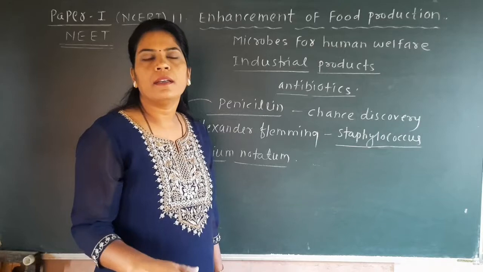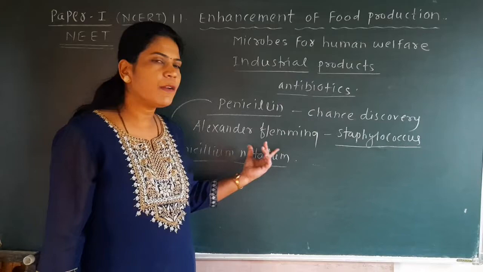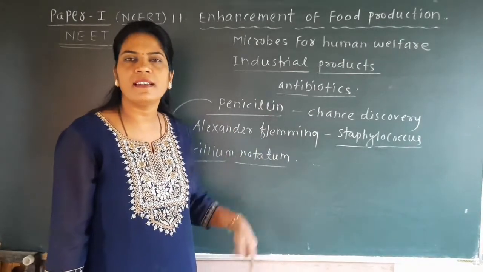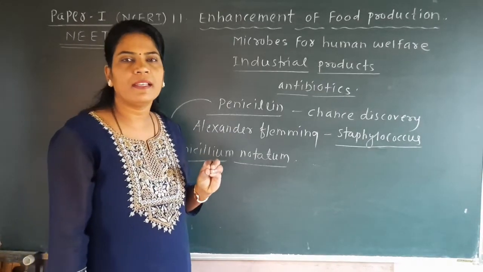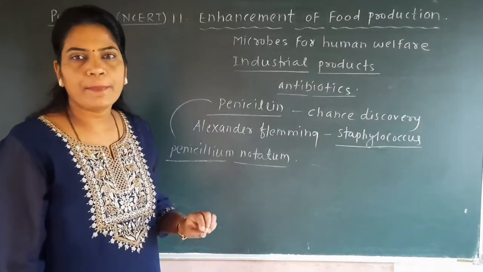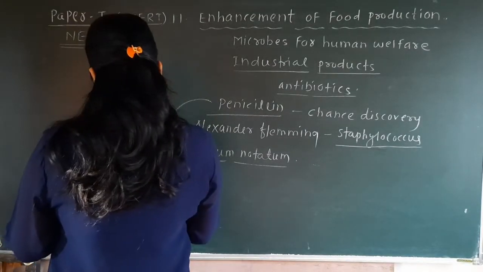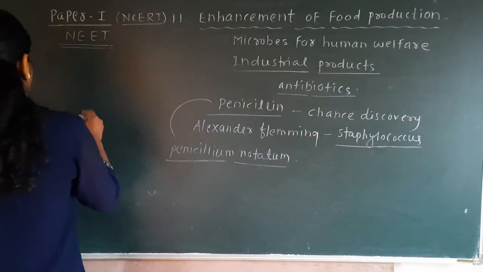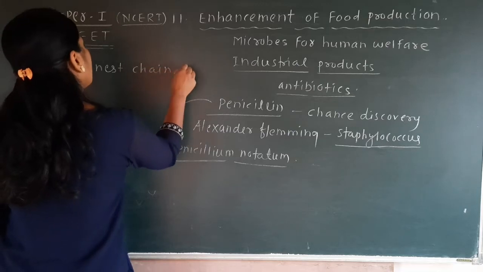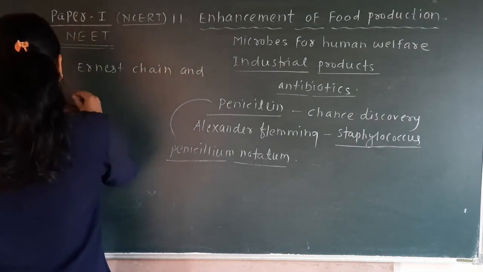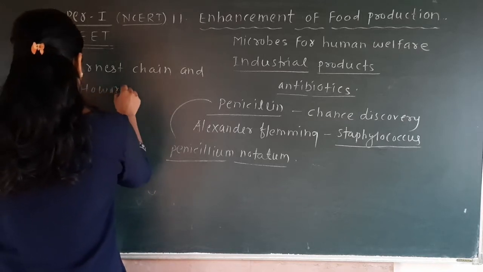Okay, one of the important things is that even though Alexander Fleming was the first scientist who accidentally discovered this antibiotic, the effective potential of that penicillium as an effective antibiotic was first shown by two scientists, and we have to remember their names: Ernest Chain, and the second scientist, Howard Florey.